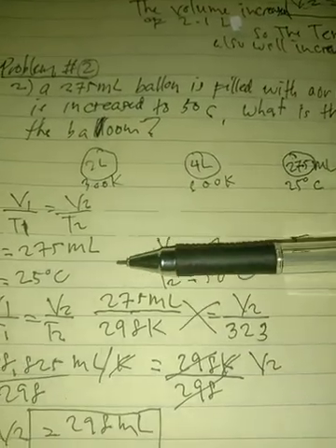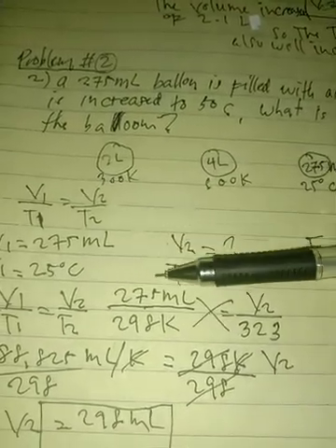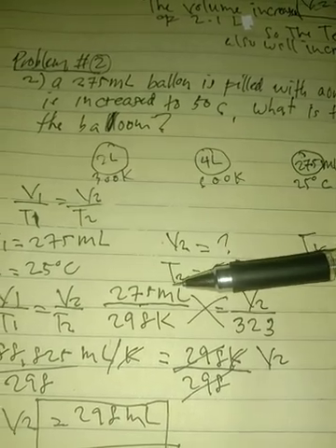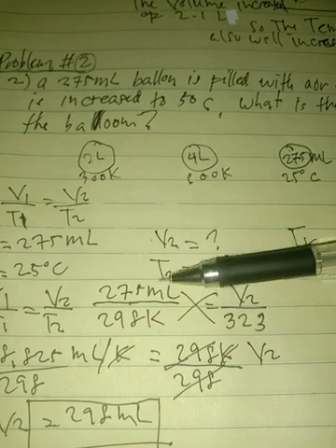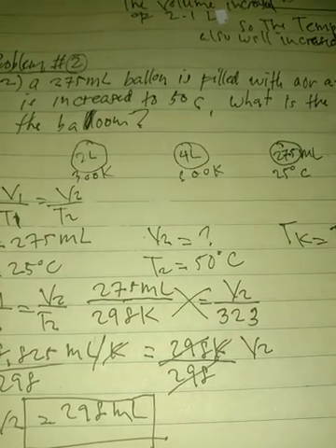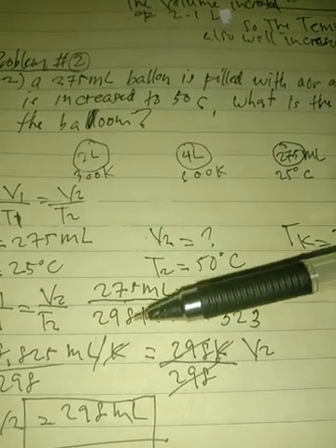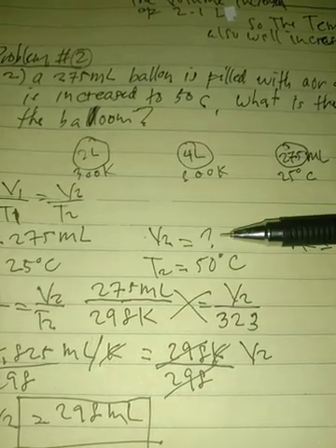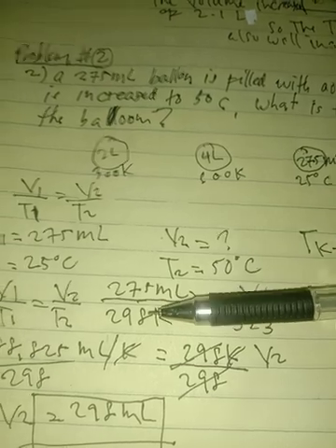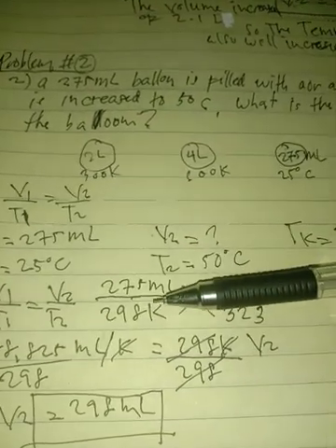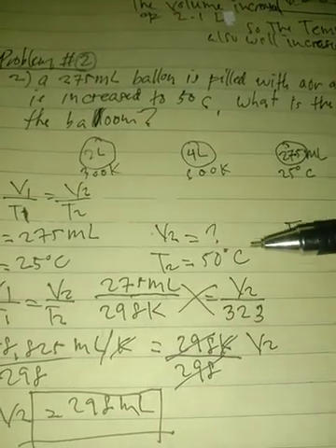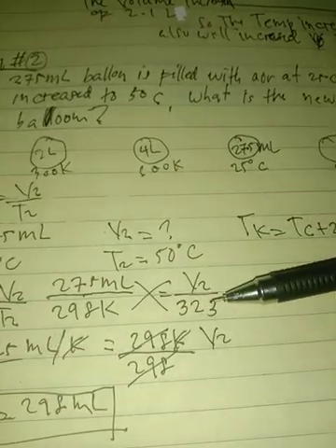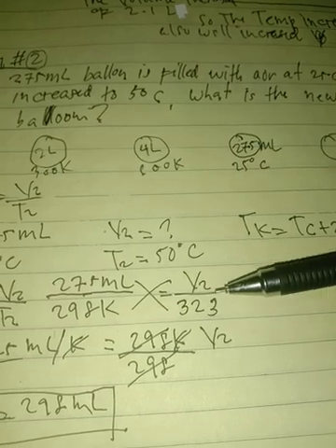So now we are going to use this equation, V1 over T1 equals V2 over T2. So the value of our V1 is 275 ml. Our T1 is 298 Kelvin. Then our T2 is 323.